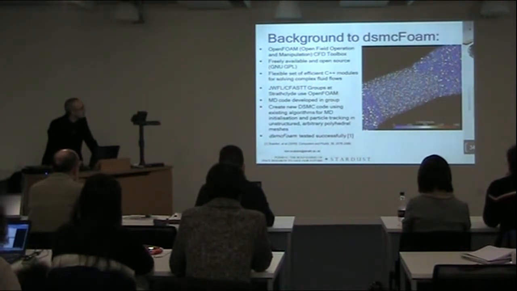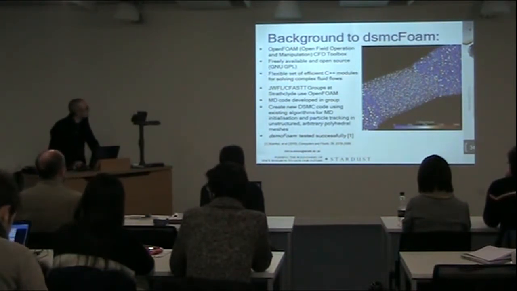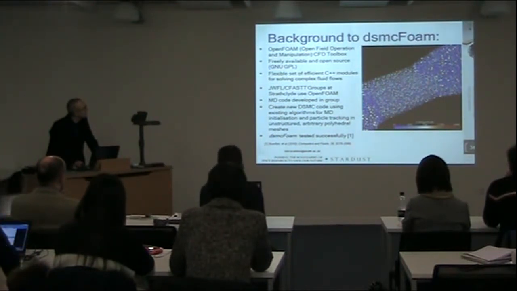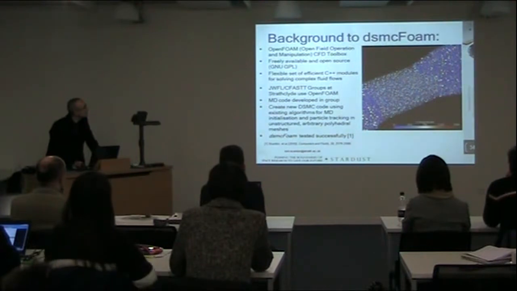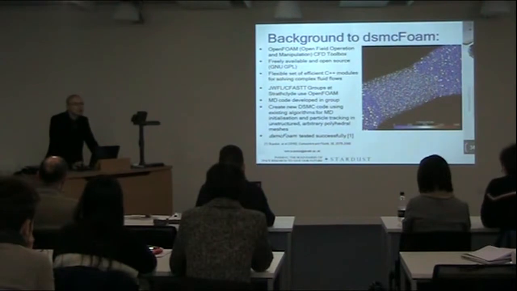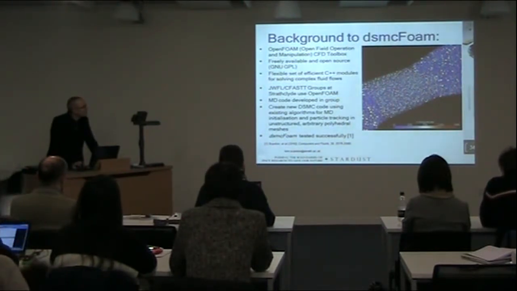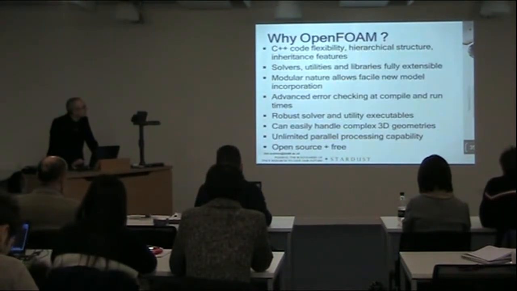This is just a small advertisement of what we have here and what we will use for this project, for Stardust. We will use the open source OpenFOAM CFD code, where the DSMC module has been built inside, which has been tested and validated, and it is apparently extremely easy to use.